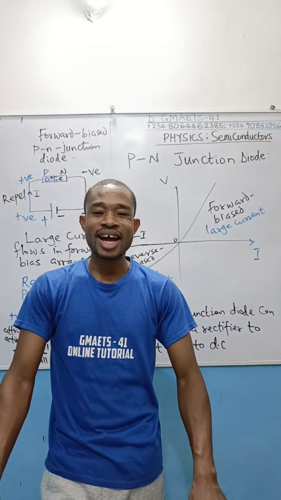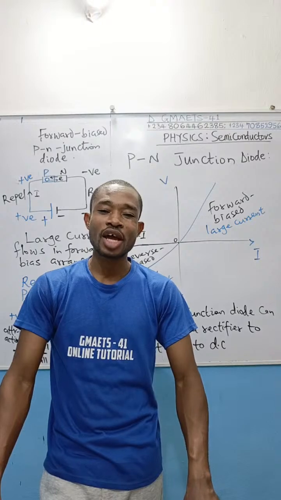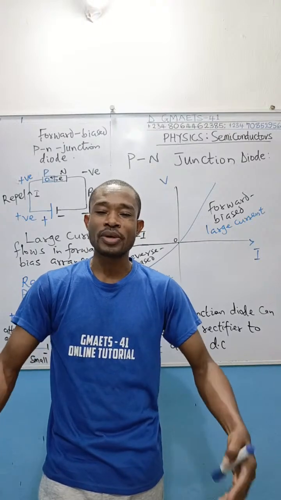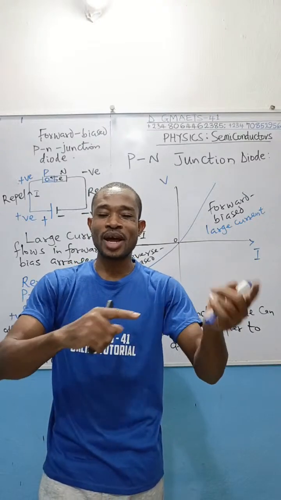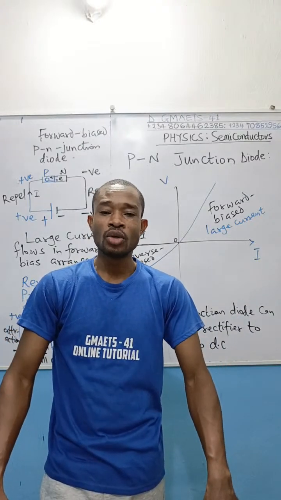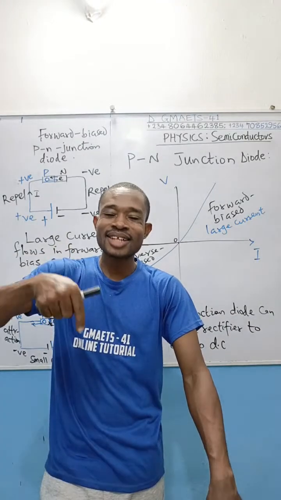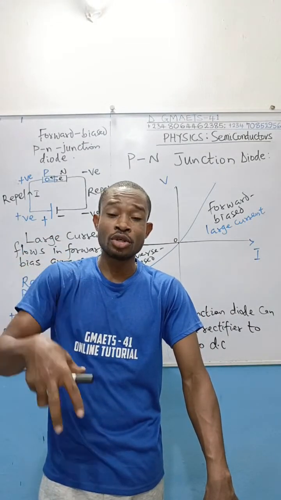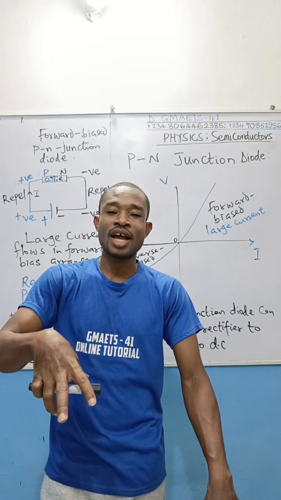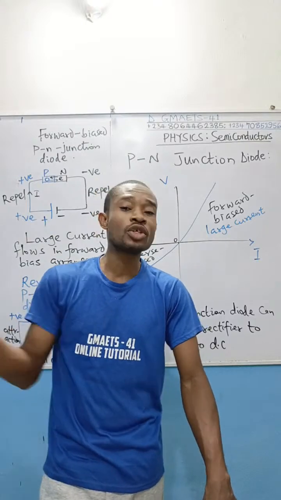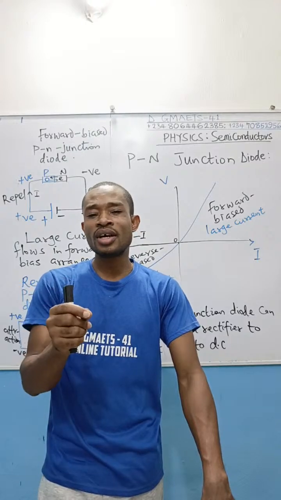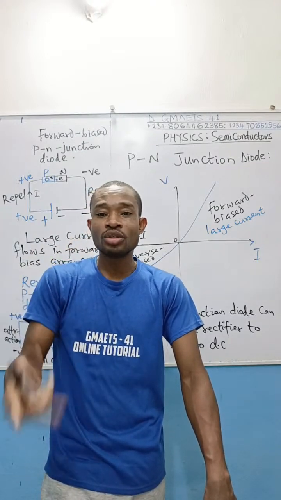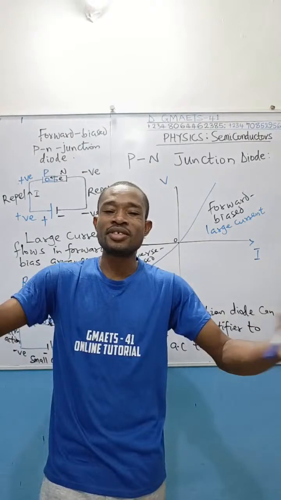Another advantage is that your PN junction diode does not require time to warm up for current to flow. Already inside the PN junction diode, you have free electrons and you have holes, so they are free to move anytime.